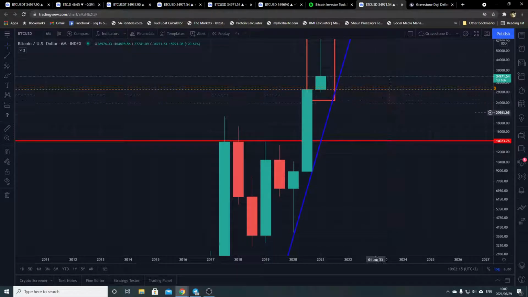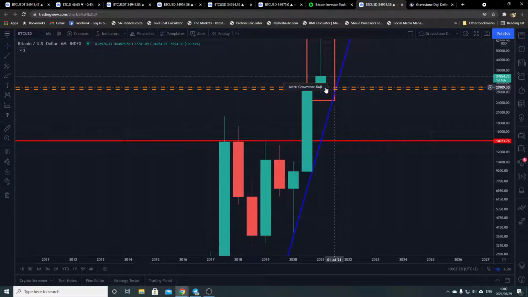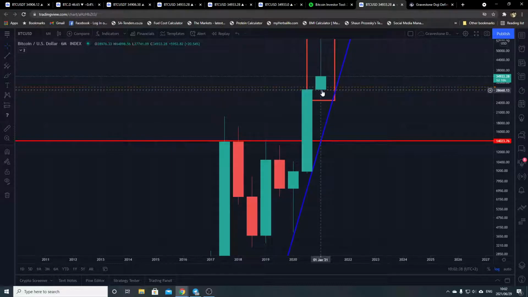So if we get a close in 1 day and 16 hours time, and print this candle in this region, then this will be a Gravestone Doji.